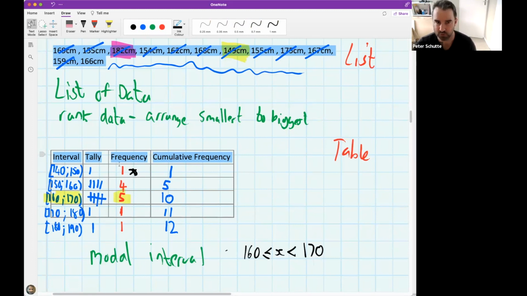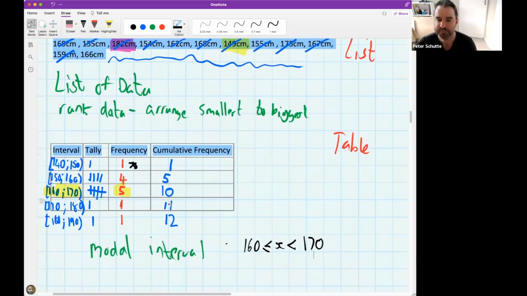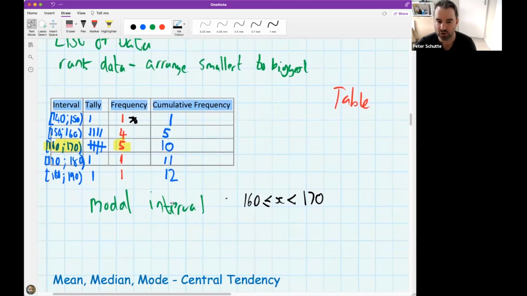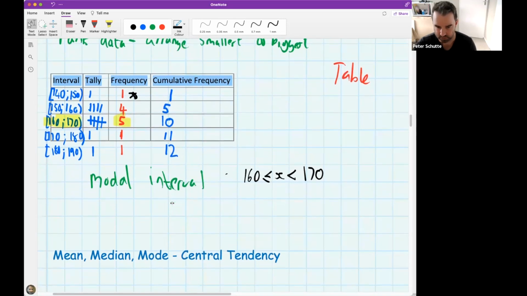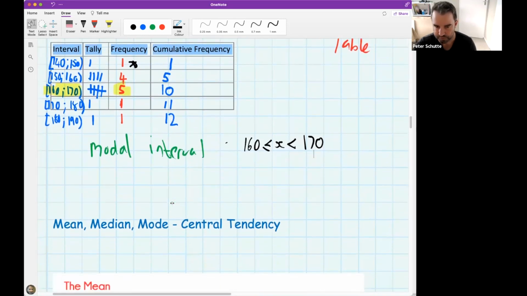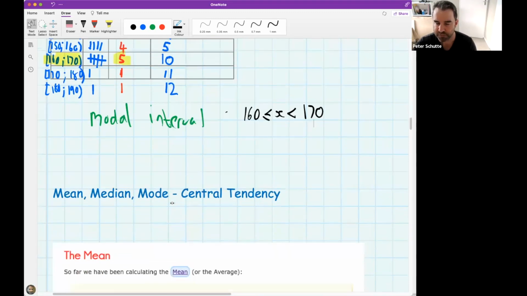So far we've talked about the types of data and how we have data in lists and how we can have data in tables. Let's move on to knowing where the middle of the data is. I'm going to focus initially on lists of data.